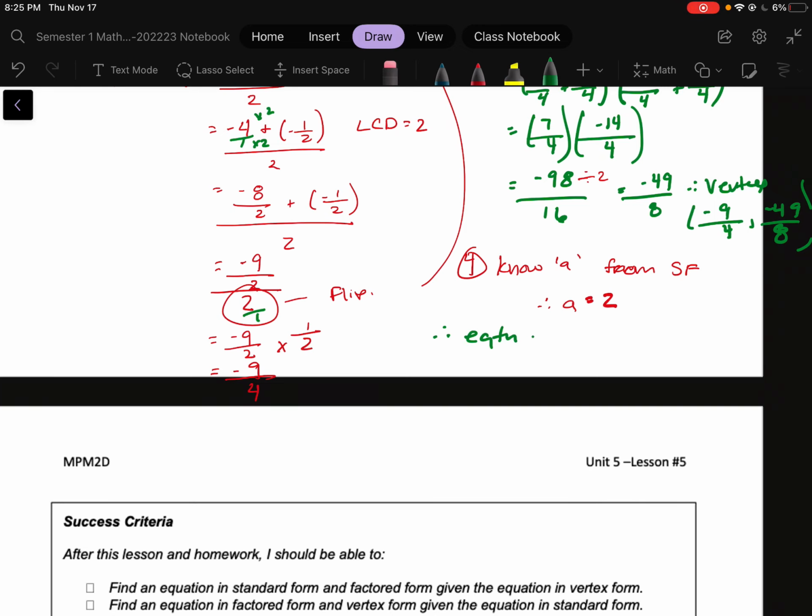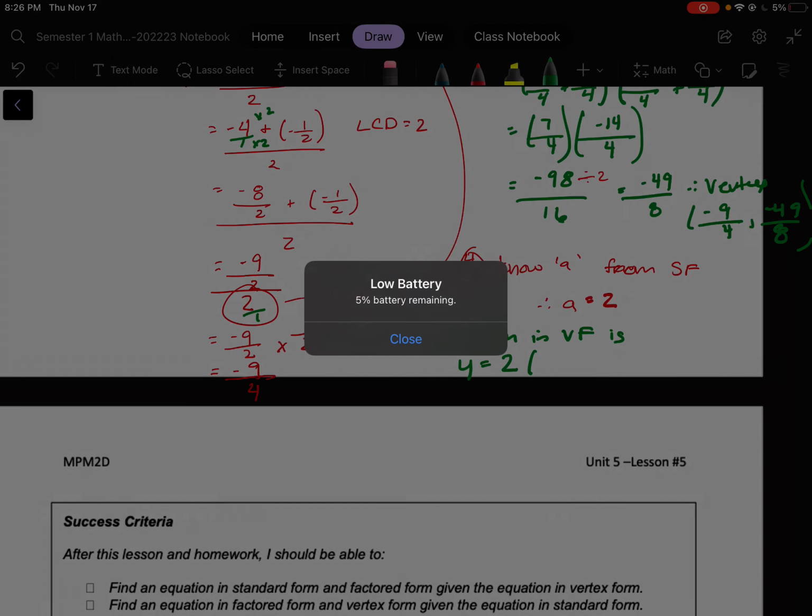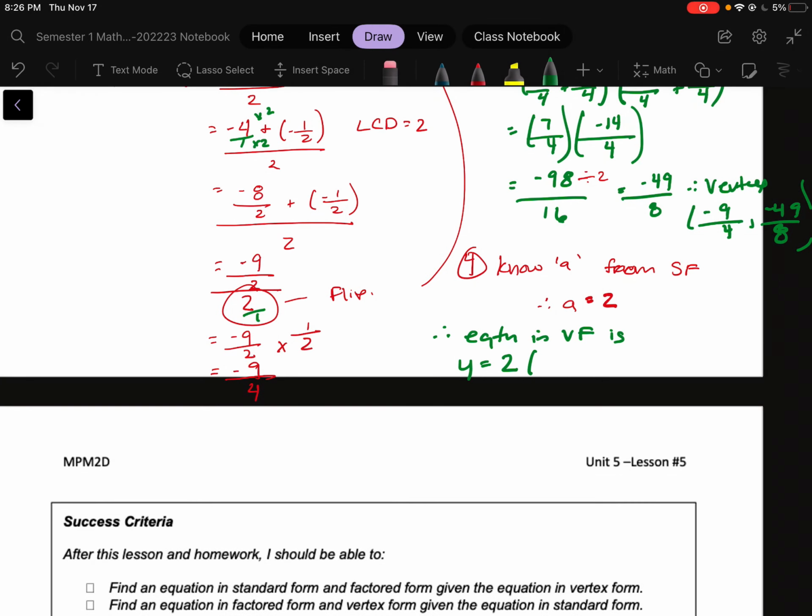So based off of all this information, our equation in vertex form is, remember our equation, y is equal to our a, which is our 2. And then we have our x. Obviously, we don't need our x. Our h was negative 9 over 4. And then our k was negative 49 over 8.